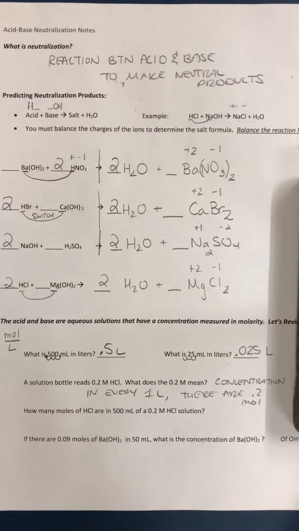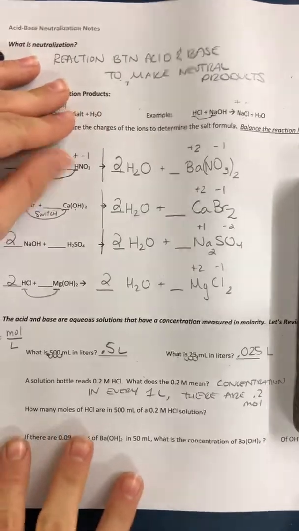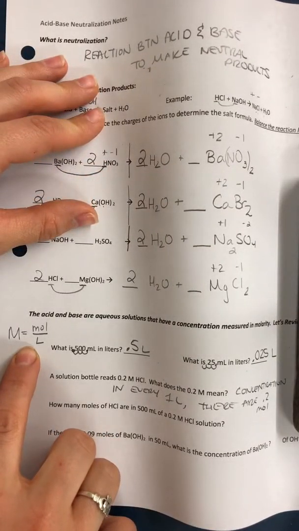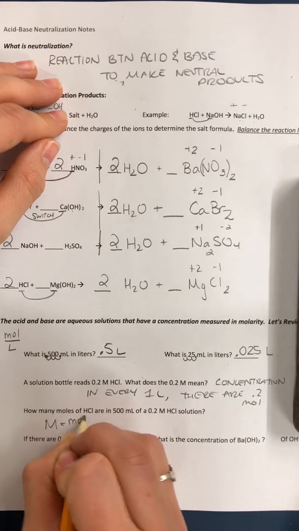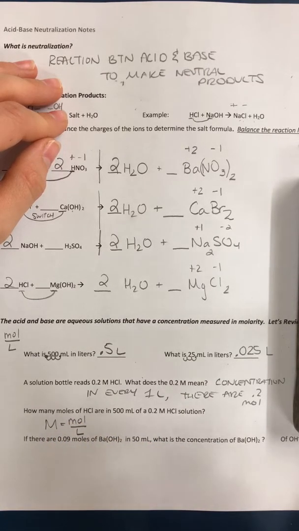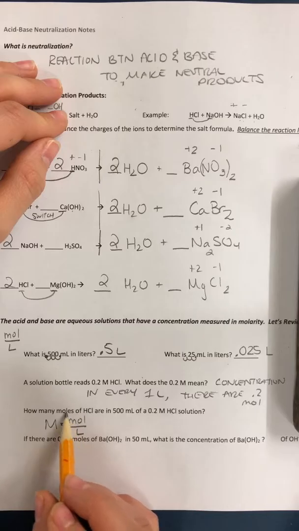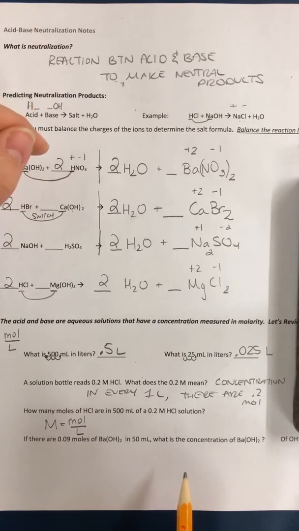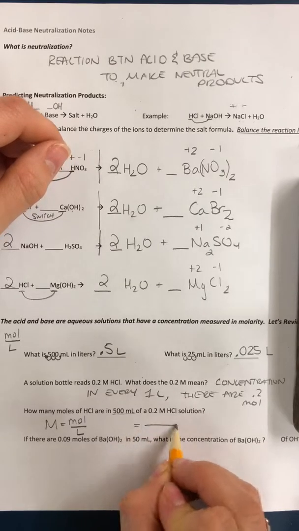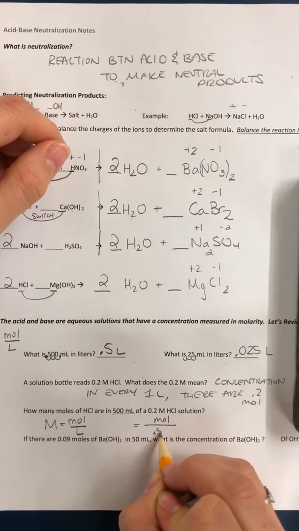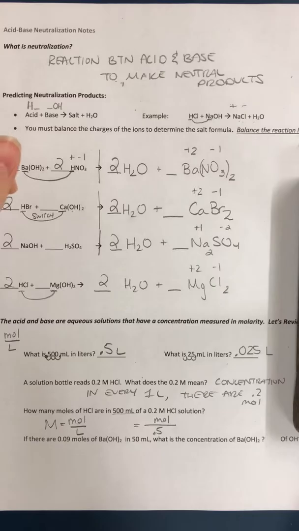Okay, how many moles of HCl are in 500 milliliters of a 0.2 molar HCl solution? We can use the molarity equation for this problem. So molarity is moles over liters. I'm going to solve for moles, so that's like my X that I don't know. They tell me I have 500 milliliters, so that would be 0.5 liters, moving the decimal place 3 times to the left.